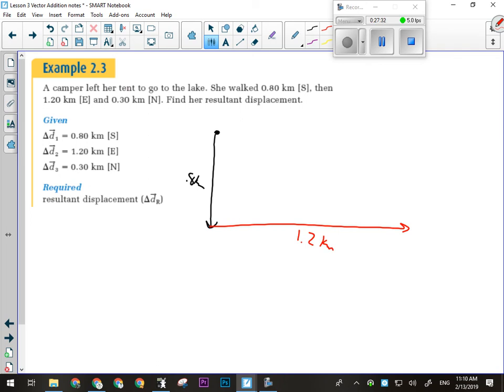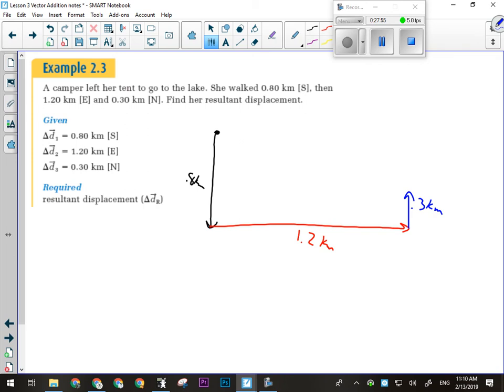That's about 1.5 times bigger than the 0.8, and it's pointed due east. Then she goes 0.3 kilometers north after that, which is a little less than half as long as my 0.8. So I followed scale. I've drawn them tail to head. They all point the right direction according to the question.